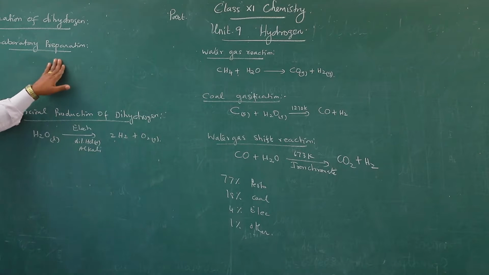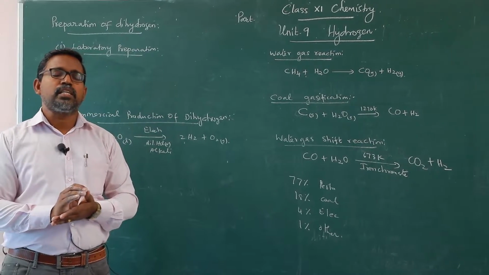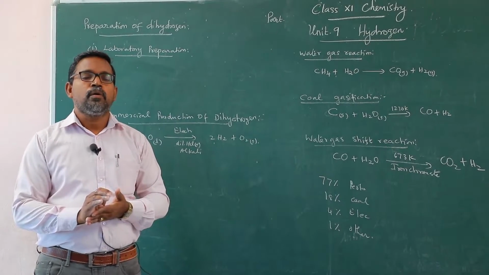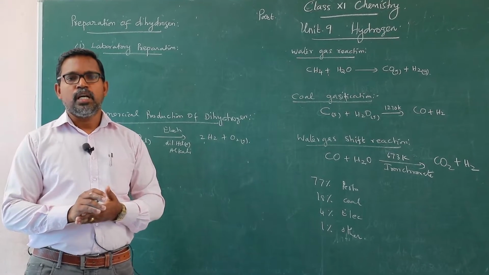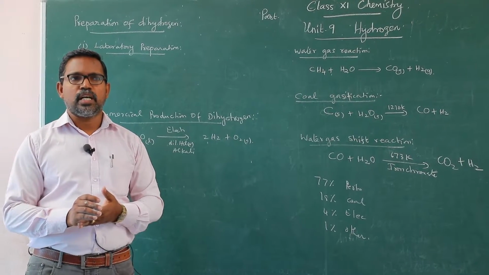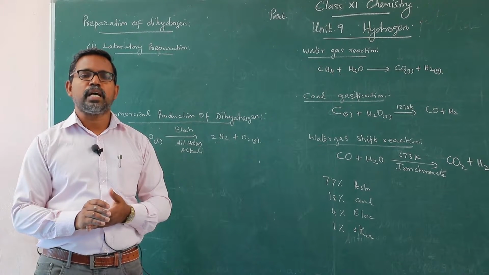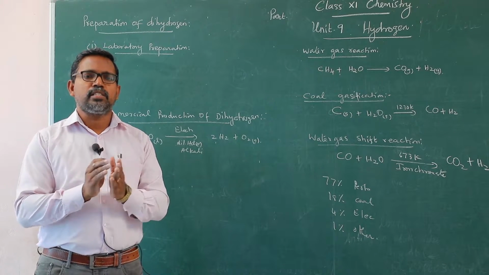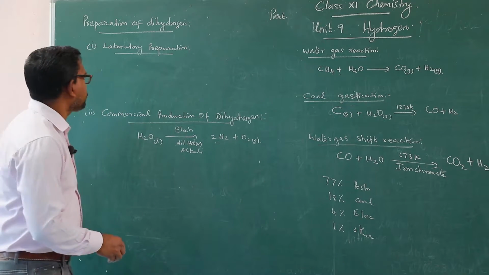In the laboratory, how is hydrogen prepared? We prepare hydrogen from metals. Highly reactive metals such as sodium, potassium, and calcium react vigorously with water to form hydrogen.